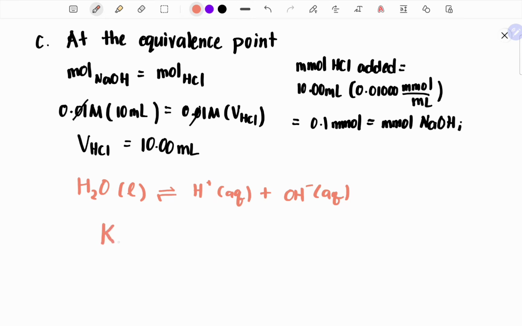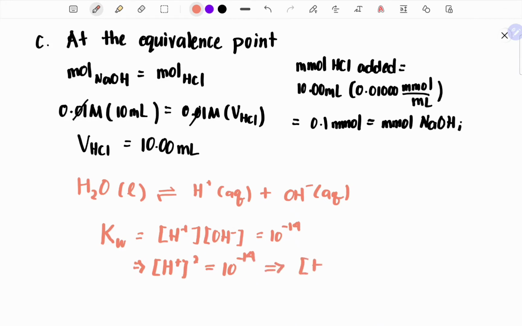For water, the dissociation constant, or H plus times OH minus, the product of the concentrations, is 10 to the negative 14. Since the concentrations of both the proton and the hydroxide are equal, we could easily show this as a square, meaning that the hydrogen ion concentration is 10 to the negative 7.